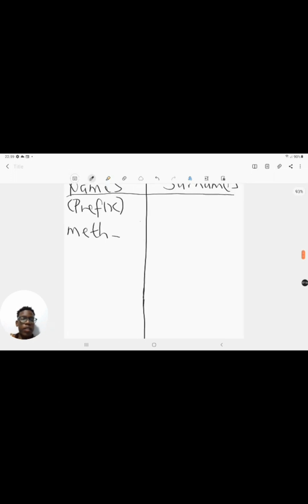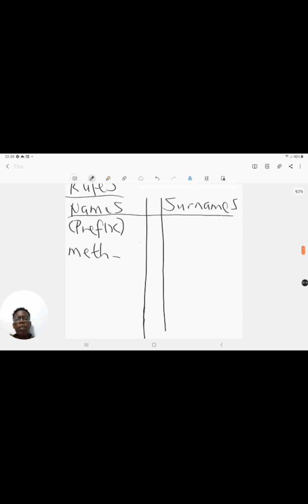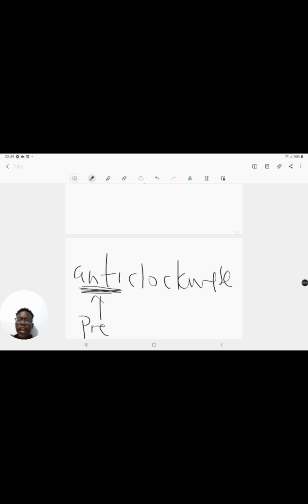I'm going to put in a column in between here to indicate what this word means. Remember when I wrote the word anti-clockwise, I said the name of this would be anti. This is what I call the prefix, and the anti means against.